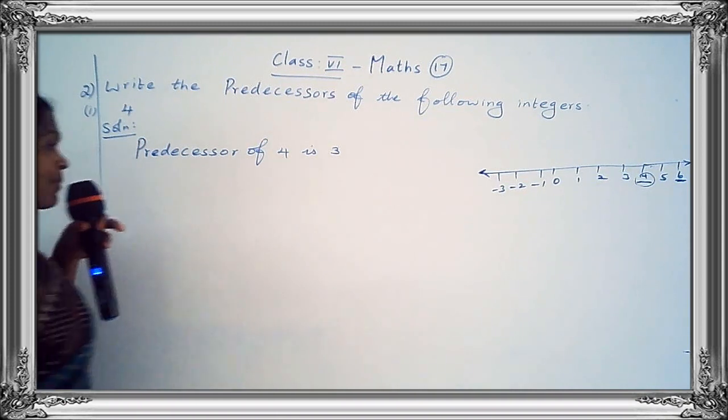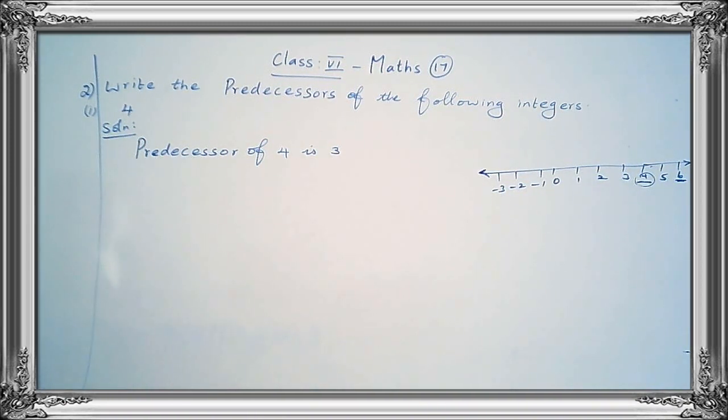Okay, previous number, predecessor, previous number, that is before number. Successor means after number, that means right on the number line. Predecessor means before number, so that's why left on the number line. Okay children, now clear? Yes.